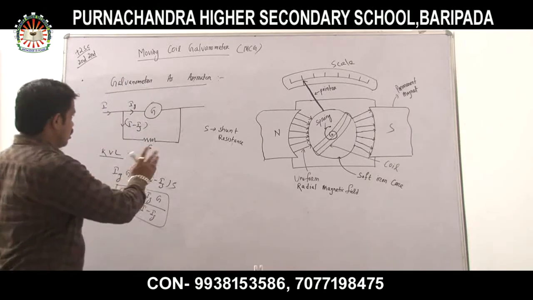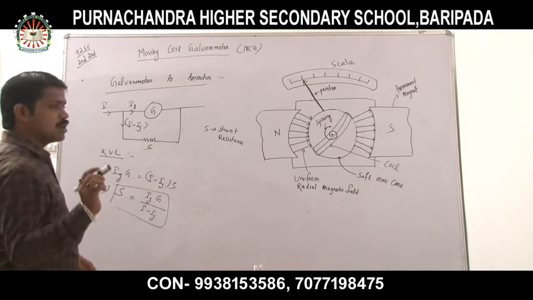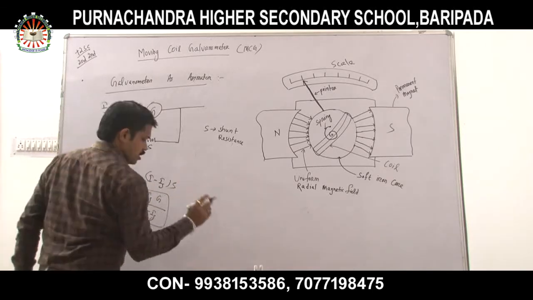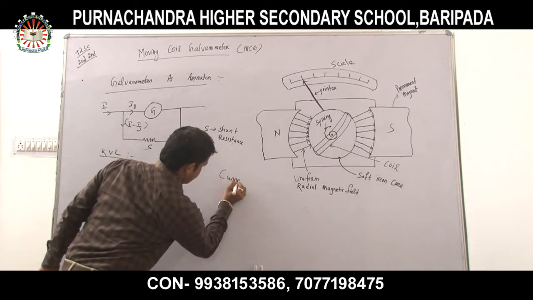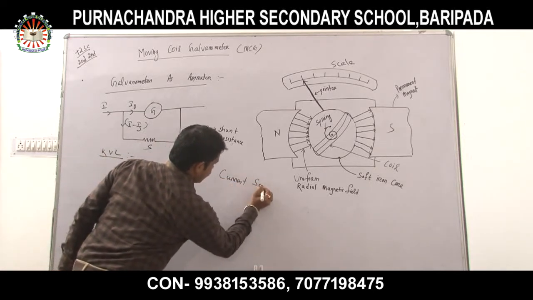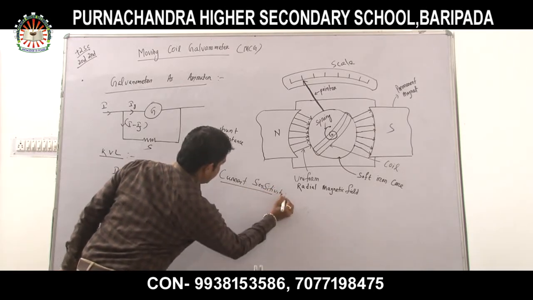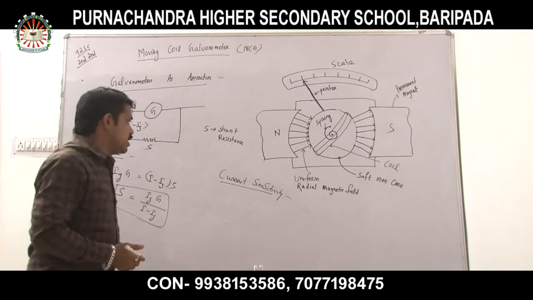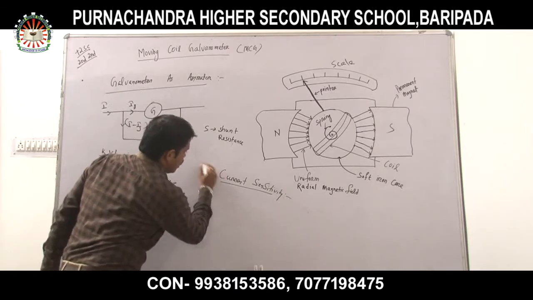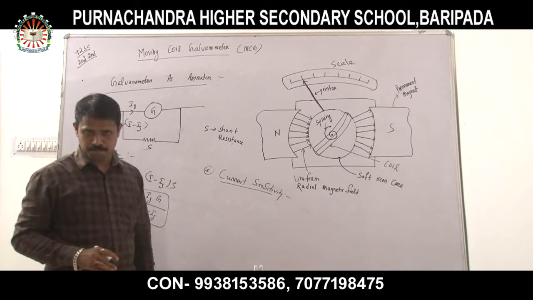Okay. So in this conversion of galvanometer to ammeter, there is an important concept, that is current sensitivity of galvanometer. When the galvanometer is used as an ammeter, a factor arises that is called current sensitivity.